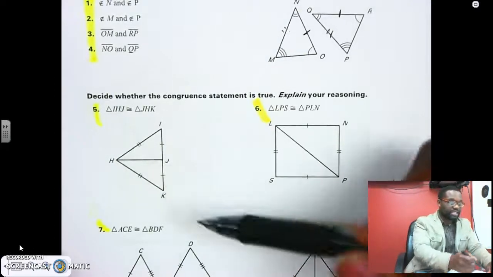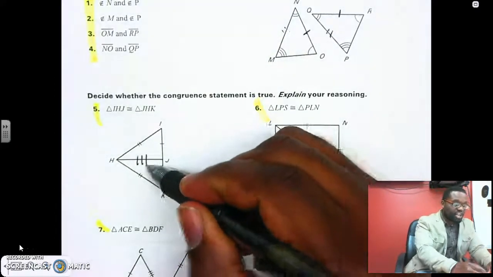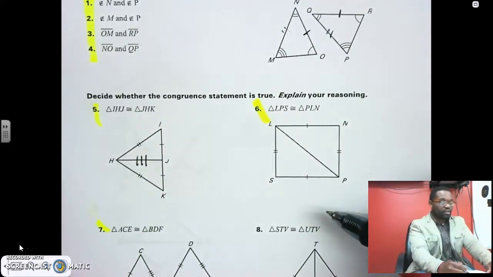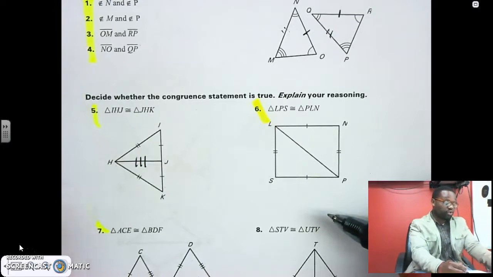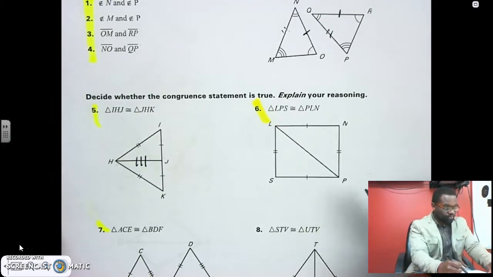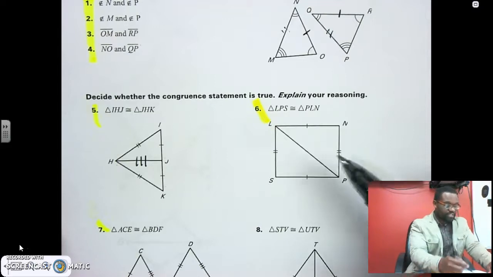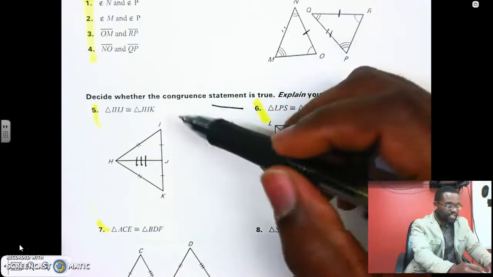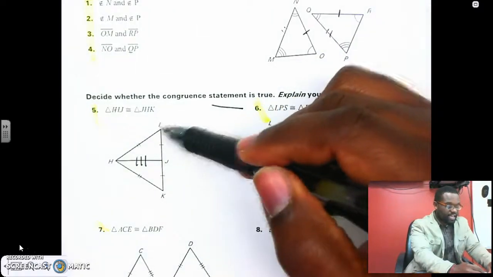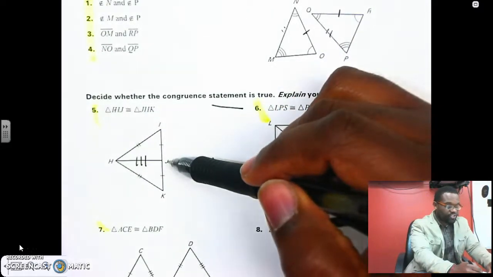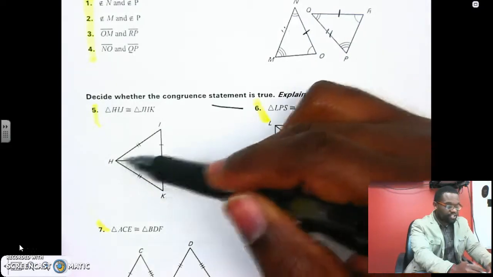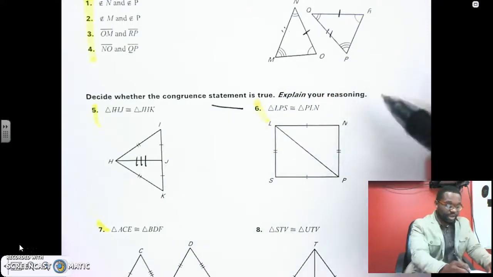And remember, I told you, anytime they share a side, those two angles correspond to one another. But the way they wrote it, if the congruent statement is true, they have to match. IHJ should be followed by KHJ. That's in my opinion.